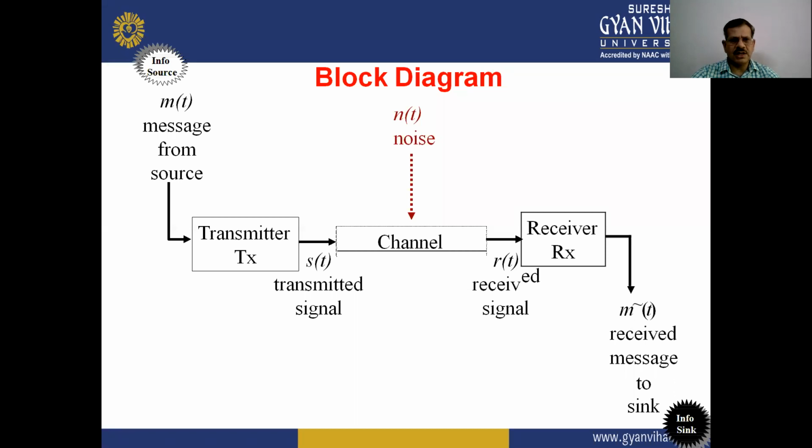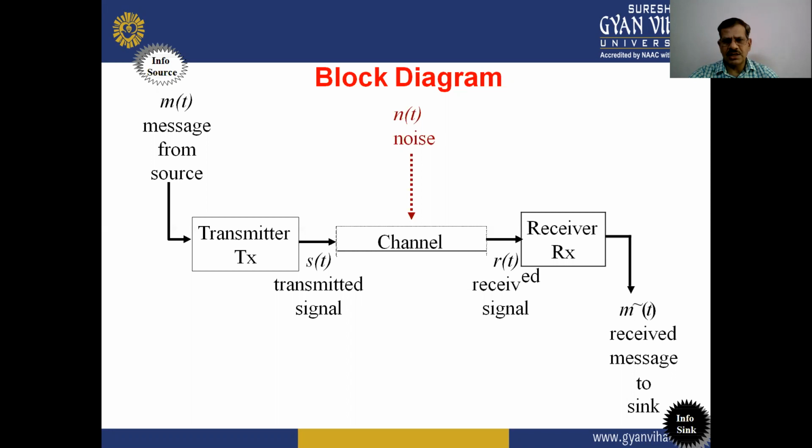A message signal is generated from the source signal and transmitted with the help of a transmitter, and then this signal is transmitted on a channel, and there is some noise also mixing in the channel.